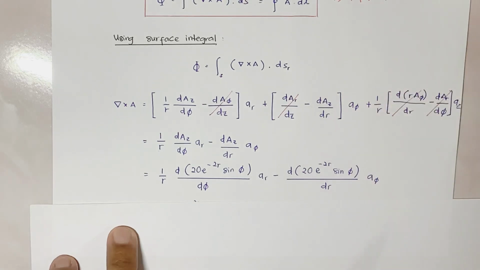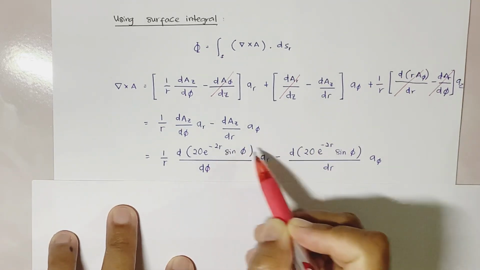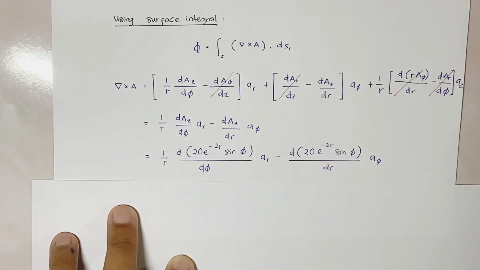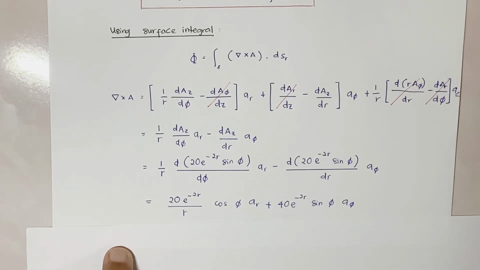So substitute the value of AZ here and solve the differentiation. You will get this one after you solve the differentiation.